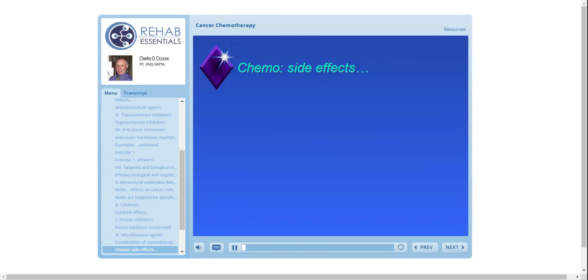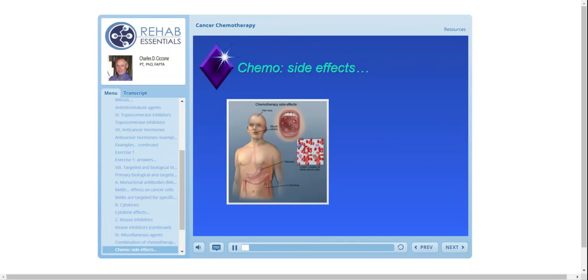Which finally brings us to the side effects. We know that these drugs are very powerful. And as I kept stressing, a lot of the traditional drugs do not discriminate well between cancer cells and non-cancerous cells. So we've all seen somebody that has the hair loss due to cancer chemo, severe GI problems, nausea, vomiting, just loss of appetite, anemias, inhibition of red blood cell production leads to fatigue, neurotoxicity.